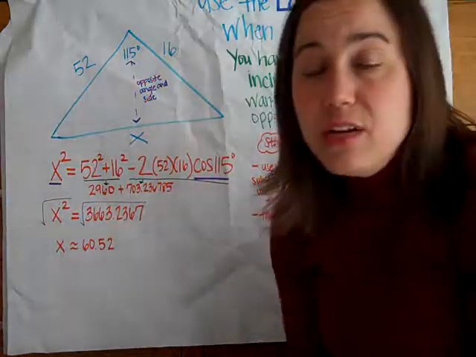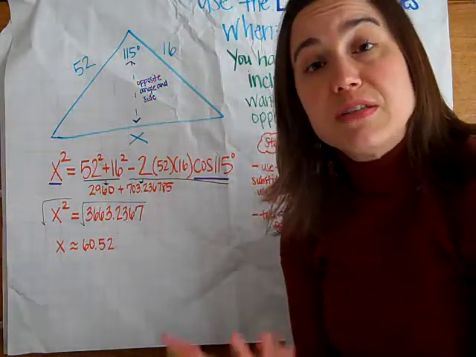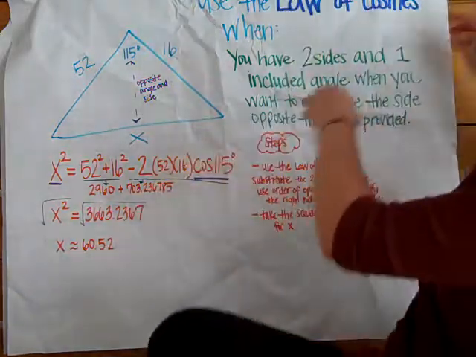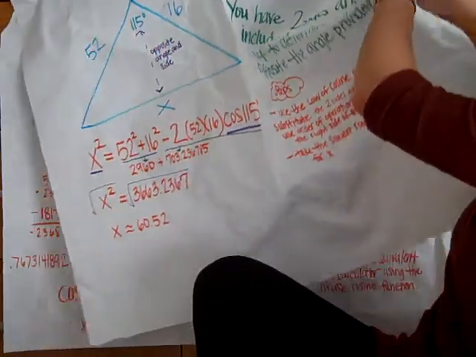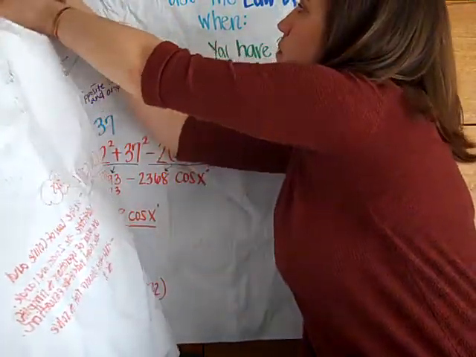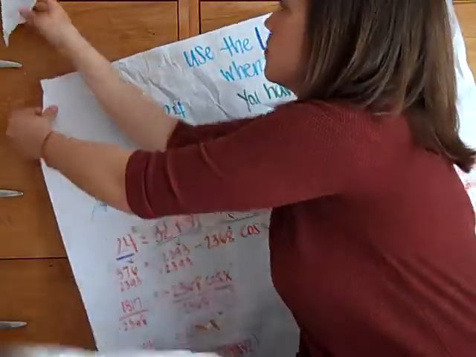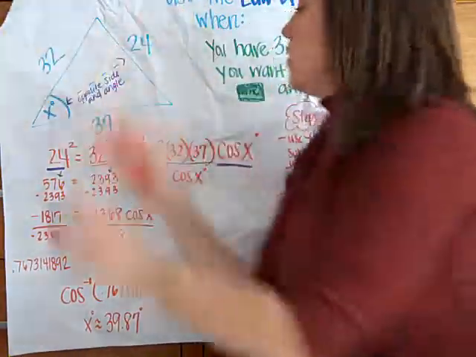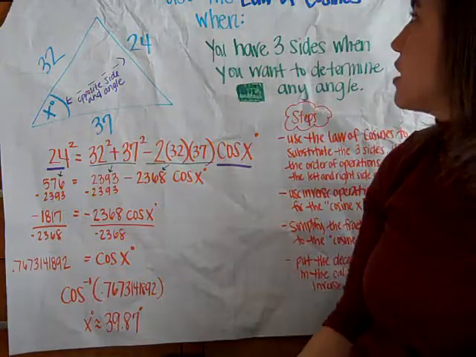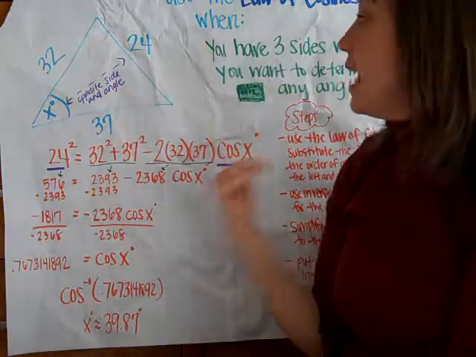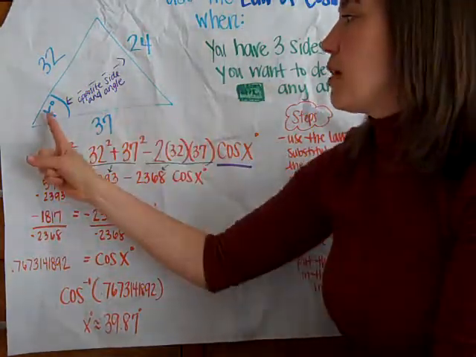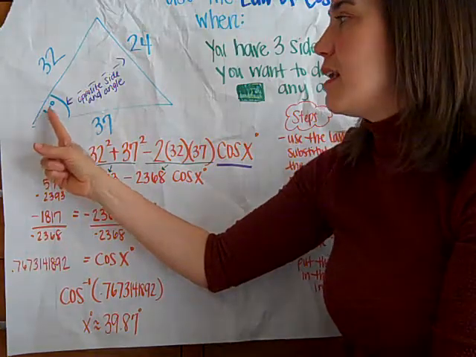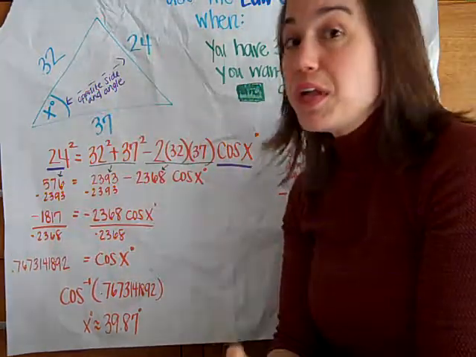Let's go ahead and take a look at the application for when we would solve to find an angle measure. Okay, so when we would use the law of cosine to find an angle measure, we still want to make sure that the angle that we're trying to find is directly across from a side length that we know.